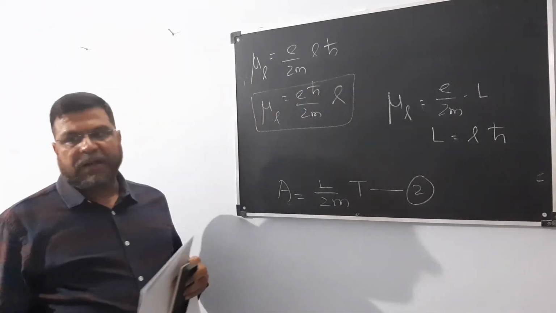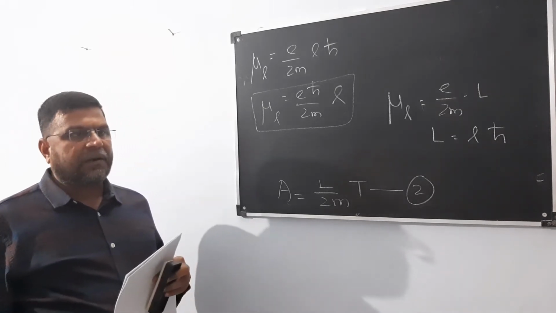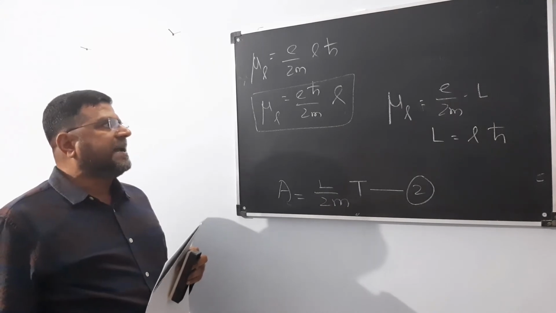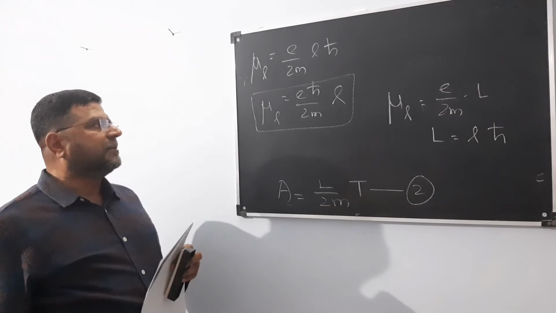This orbital magnetic moment of an electron revolving in an elliptical orbit is equal to e times h cross by 2m into l.